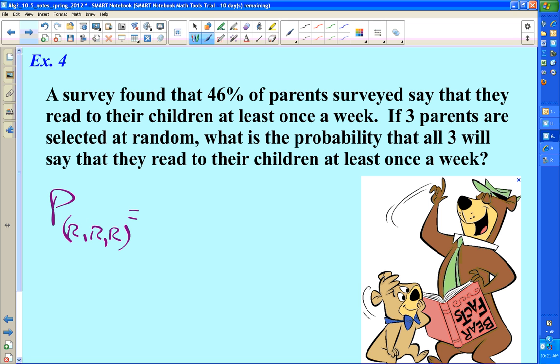What's the probability the first parent reads to their kids? 46% or 46 out of 100, whichever way you want to do it. You can either write it as decimal or as a fraction. Doesn't matter. Second parent is also 46%, and so is the third.